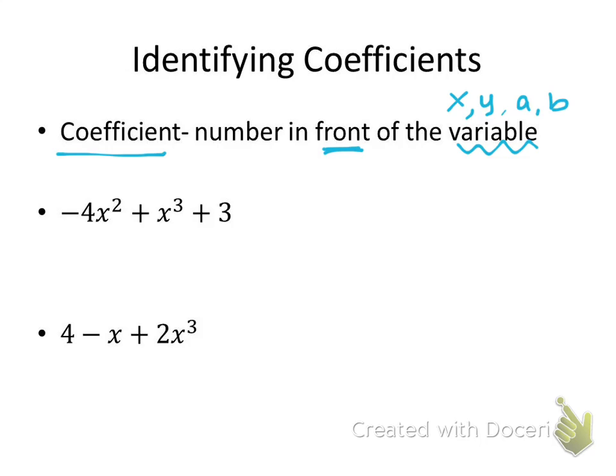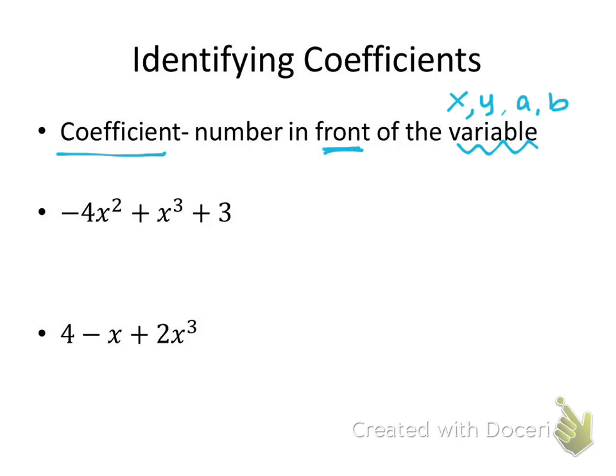So if I look at this first example here, I have negative 4x squared plus x to the third power plus 3. What I want you to do is list the coefficients, okay? Now I'm going to go back to the term, and it says the number in front of the variable, okay?